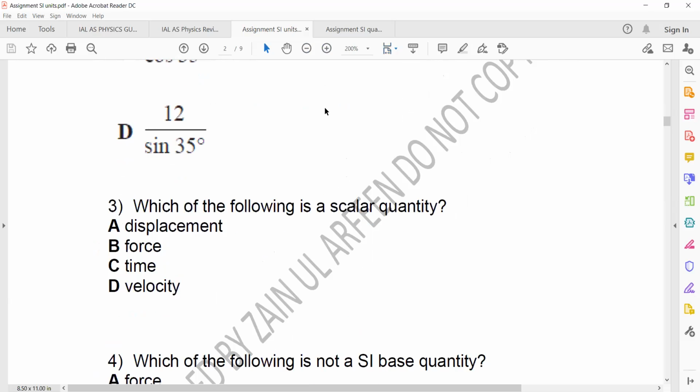Which of the following is a scalar quantity?